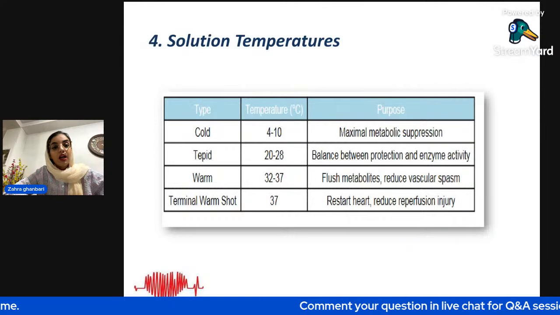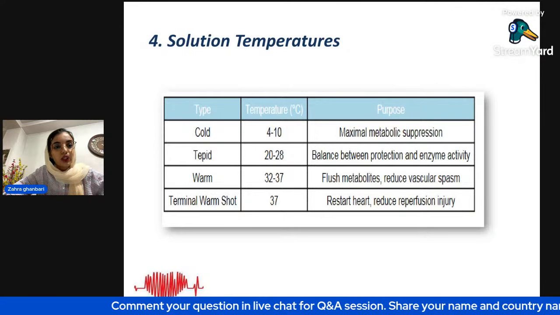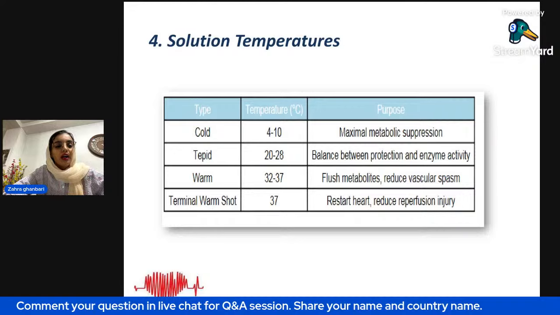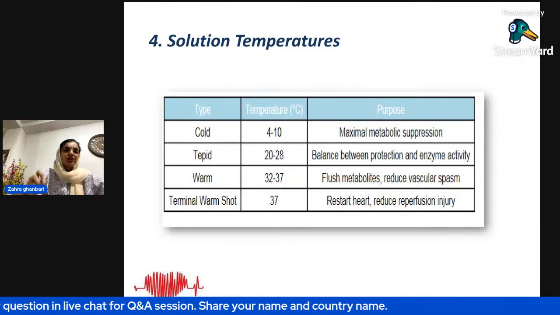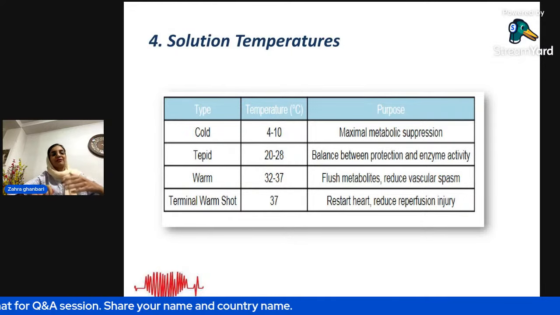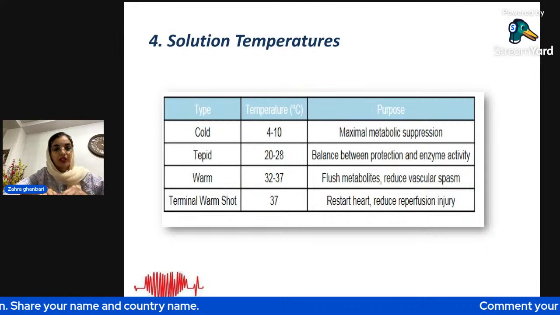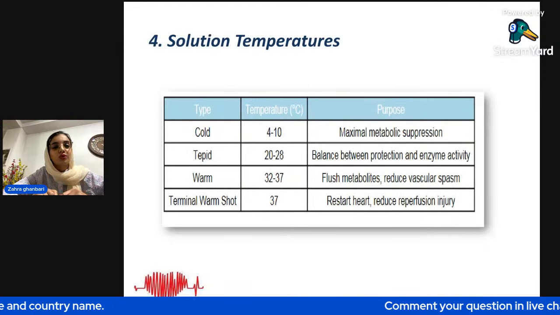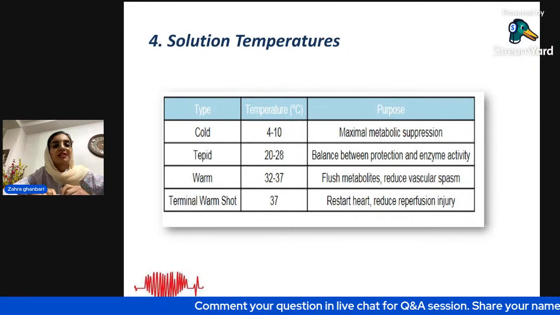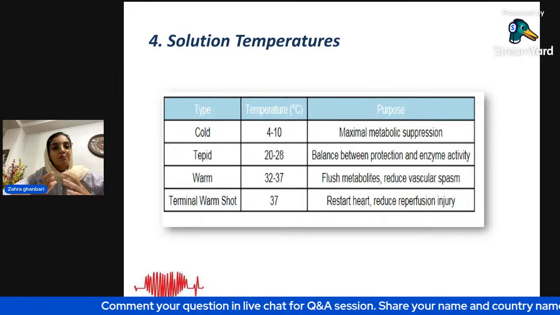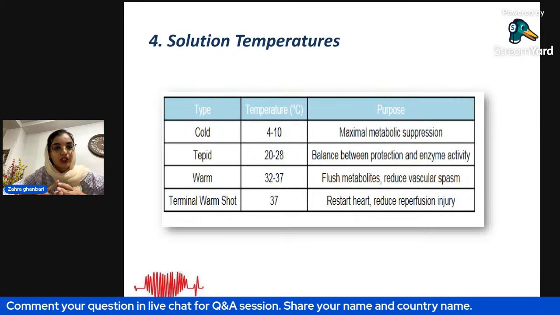Yes. This is a slide about the temperature of cardioplegia solution. Usually we inject the solution cold. The temperature is 4 to 10 degrees, and the purpose of this temperature is maximal metabolic suppression.